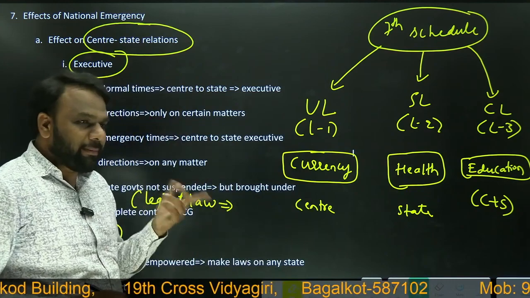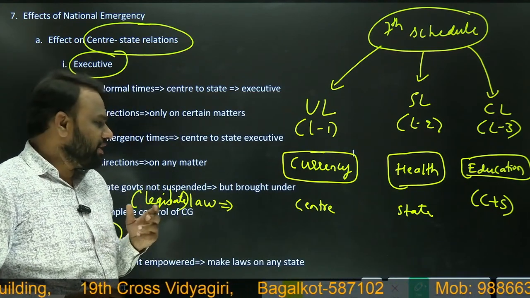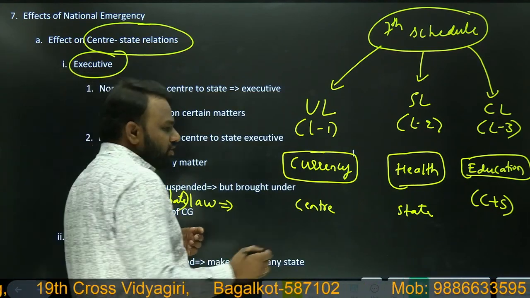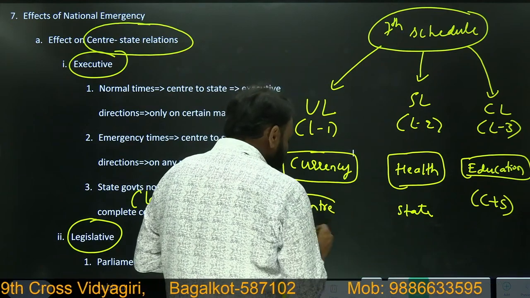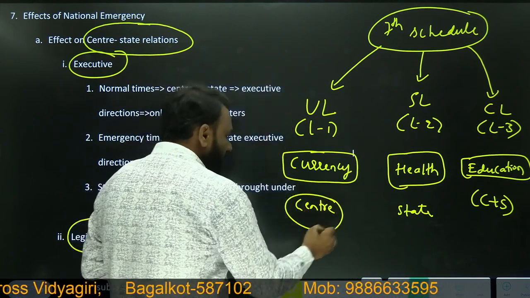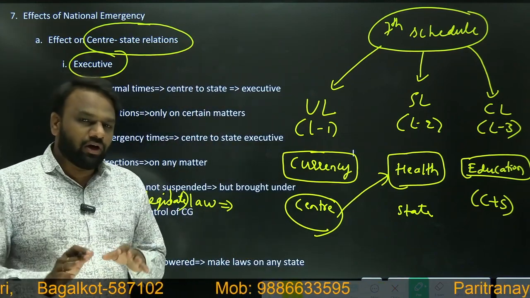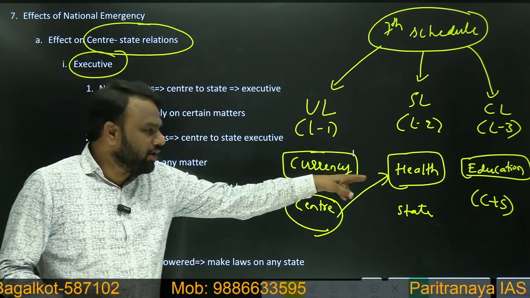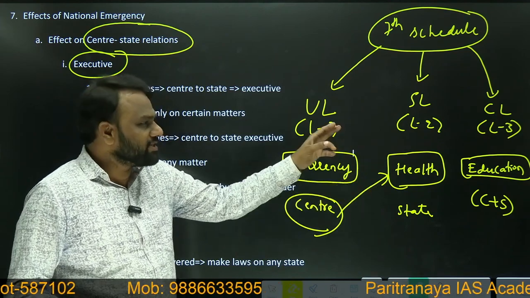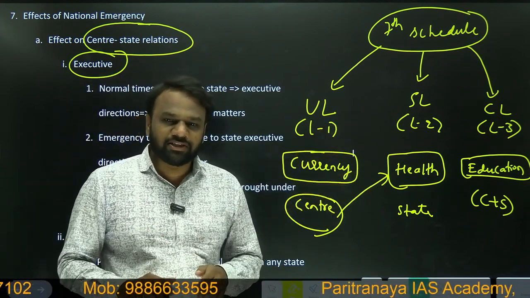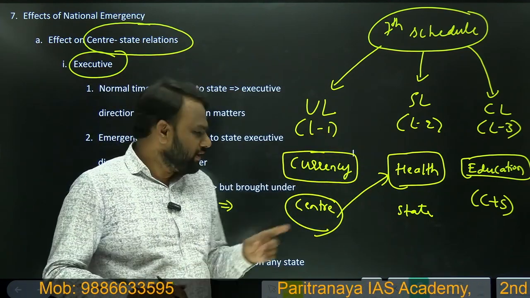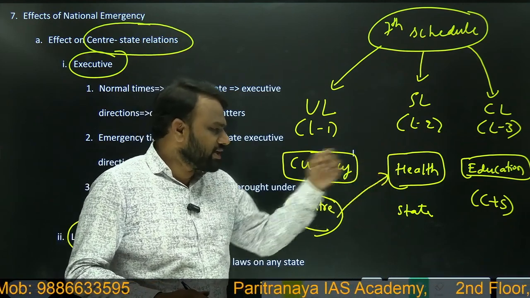So what happens during emergency? Very important. The center can also make laws on health. During normal time, the center cannot make a law on a subject called health, because health is a state subject. But during emergency, as the center becomes all powerful, the center can make law on health.